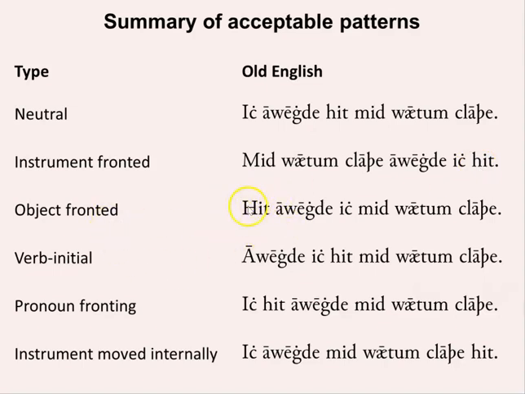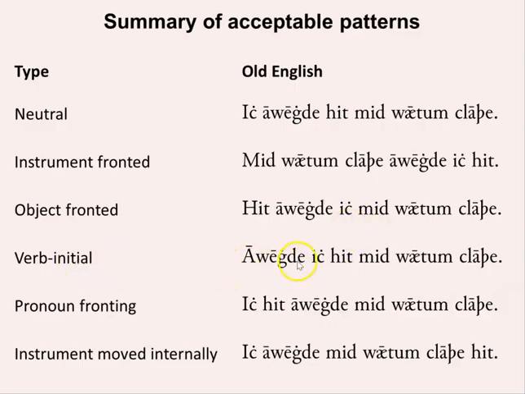Object fronted: the accusative object hit, the conjugated verb ā-wēġde, ich, the subject in the nominative, mit wētum clāþe, the dative, or the instrument if you like, because in the Old English period, the instrumental and the dative had pretty well merged together. The dative had subsumed the instrumental.